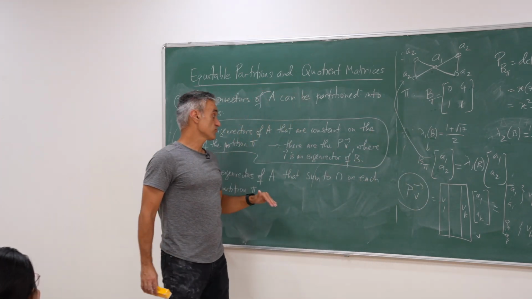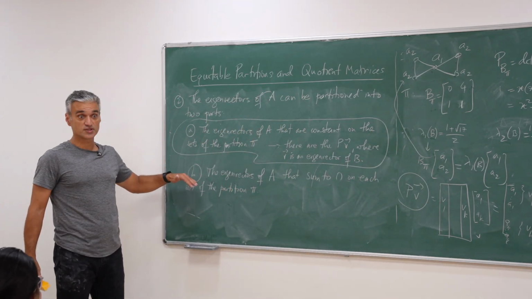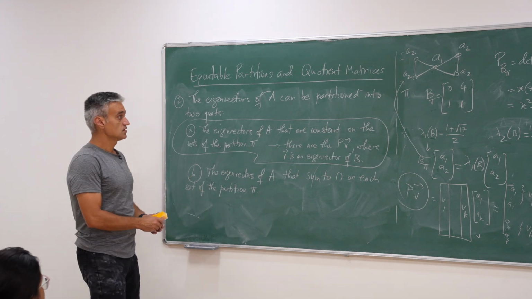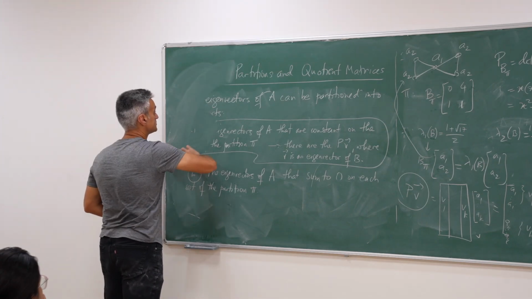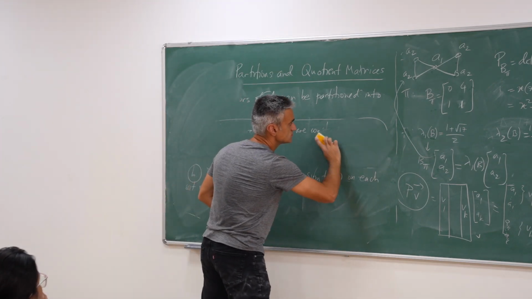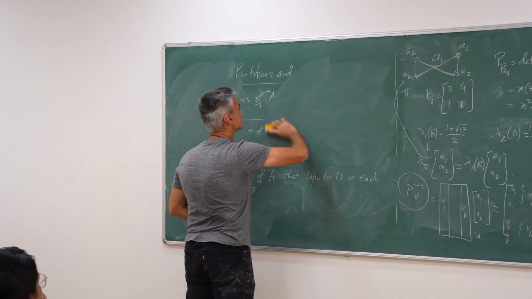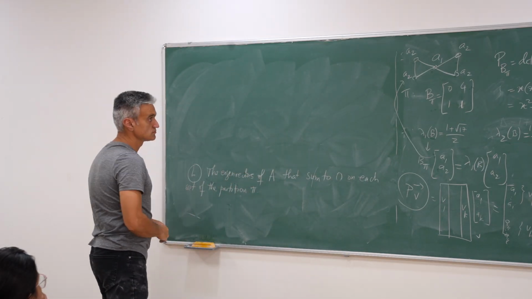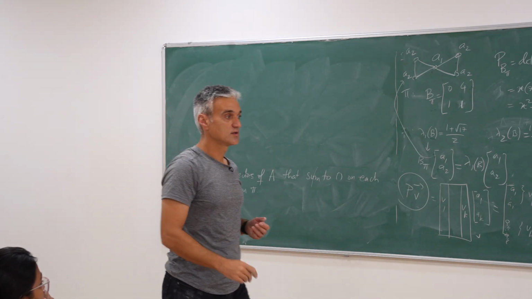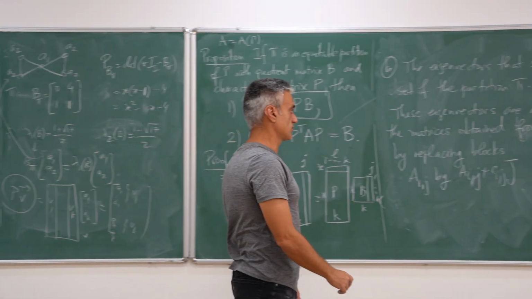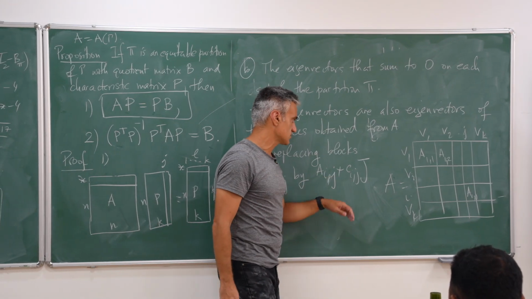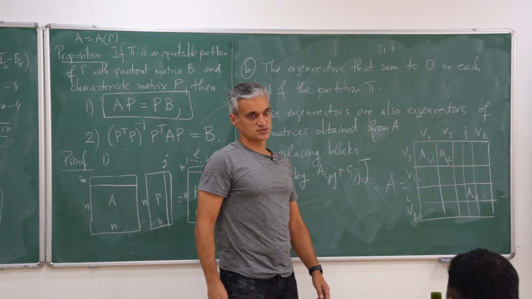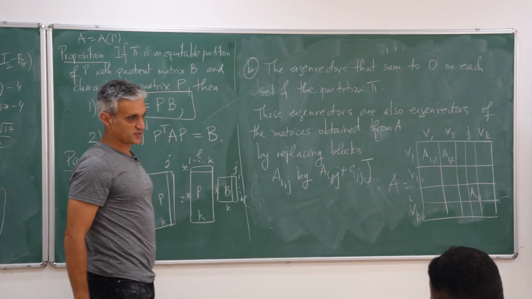Now we're going for these eigenvectors that sum to 0 on each part of the partition. Let's try to figure out what they are. What are the Cij? For any constants that you want. Sometimes you will use some constants so that in the Aij you may want to create zeros, so that you make your matrix a bit easier.